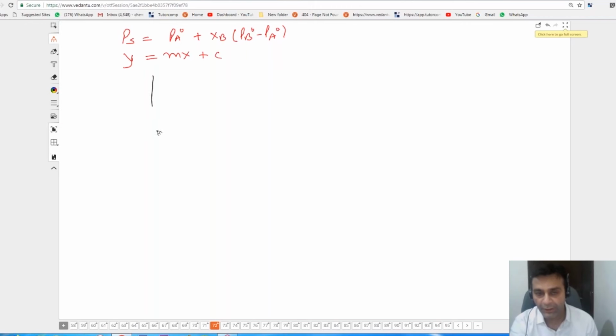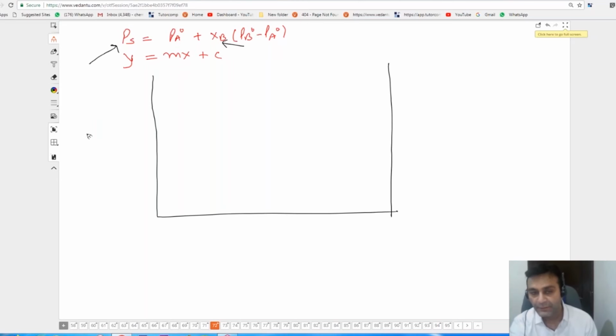So if I draw a graph between two things, one is the vapor pressure and second is the mole fraction. Is this clear? So the graph is being drawn between the vapor pressure and the mole fraction on this side. And now I say mole fraction of A is equal to 1, then B is equal to 0.